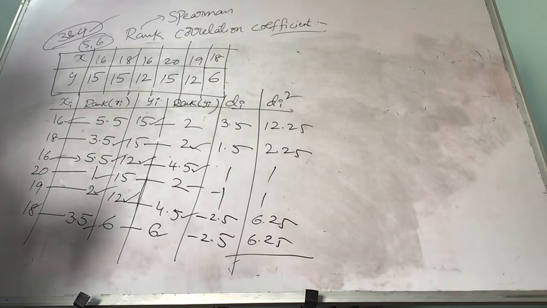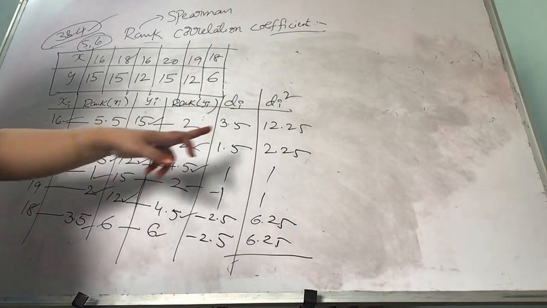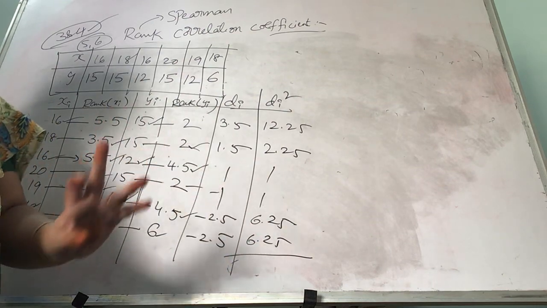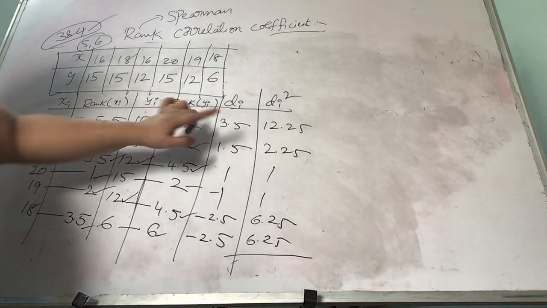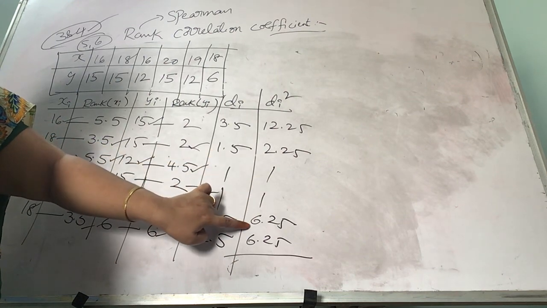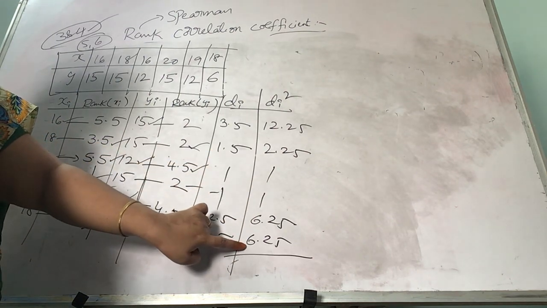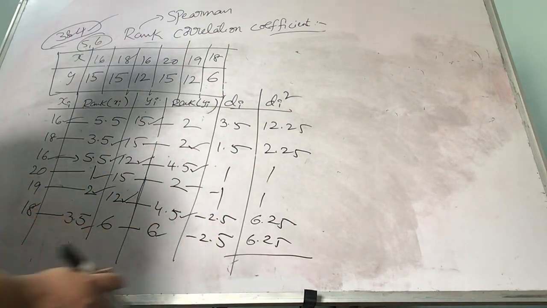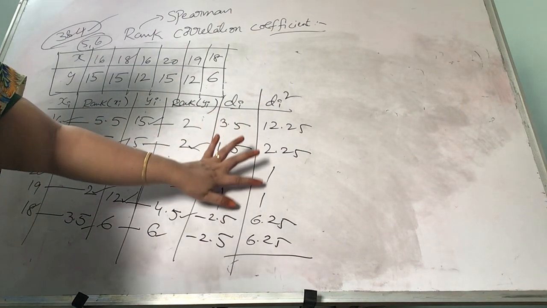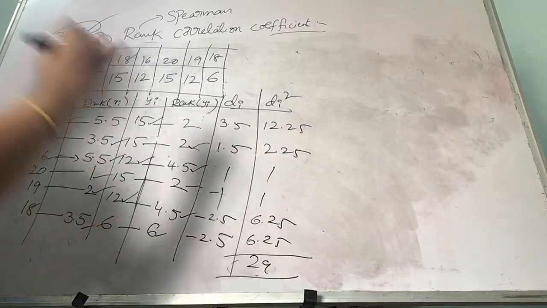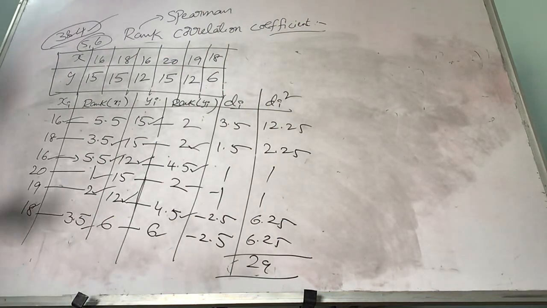Now we have to add all these values. 12 plus 2 is 14, plus 1 is 15, 16, plus 6 is 22, plus 6 is 28, and the 0.25s add up to 1, so 29. So summation of di square is 29.